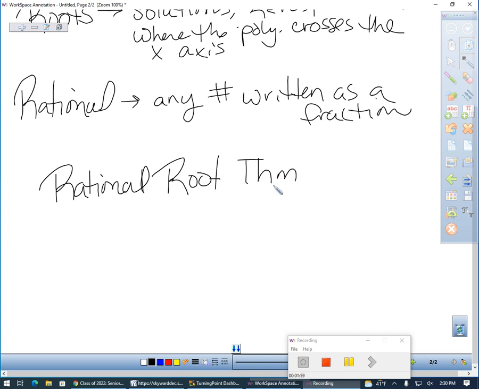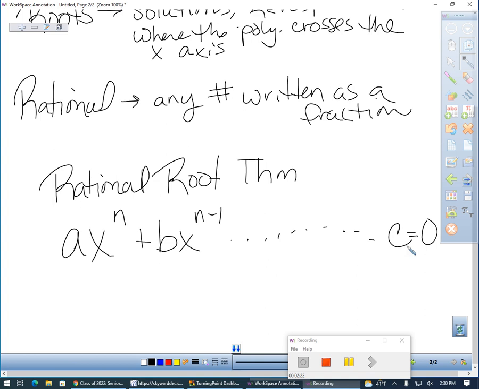You have a polynomial, whatever that polynomial may be. So I'm going to say ax to the n plus bx to the n minus 1. Those represent exponents. So on all the way down to you have a constant or a number at the end, right? You agree that that goes all the way set equal to 0? That is how our polynomials are all written. All right.